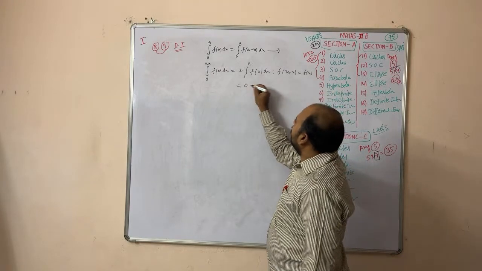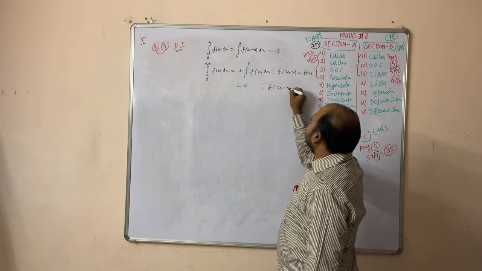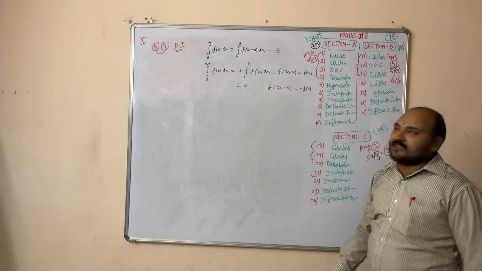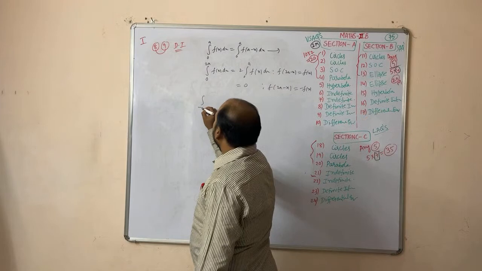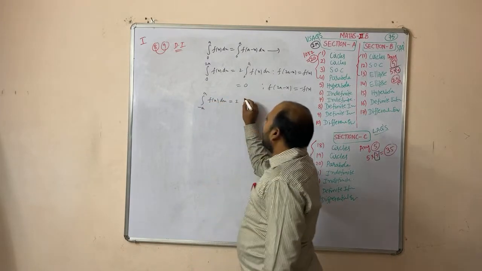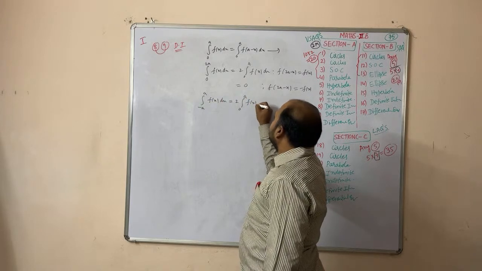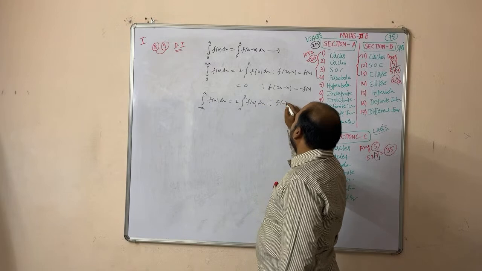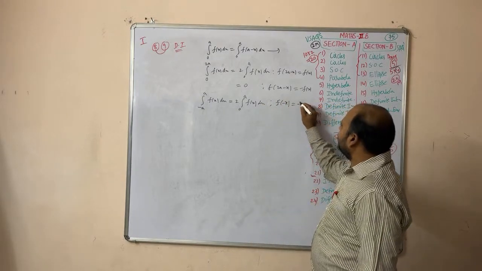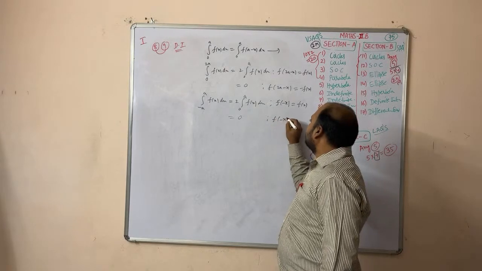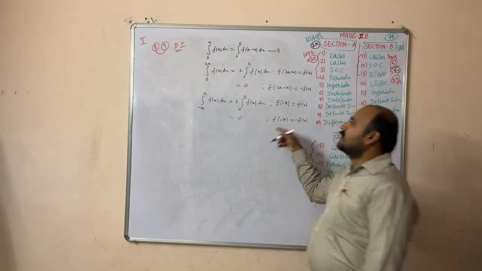If it is 0, then f of 2a minus x is equal to minus f of x. Even function, odd function based. Here also, integral minus a to a f of x dx is 2 times integral 0 to a f of x dx if f of minus x is equal to f of x. If it is 0, f of minus x is equal to minus f of x.